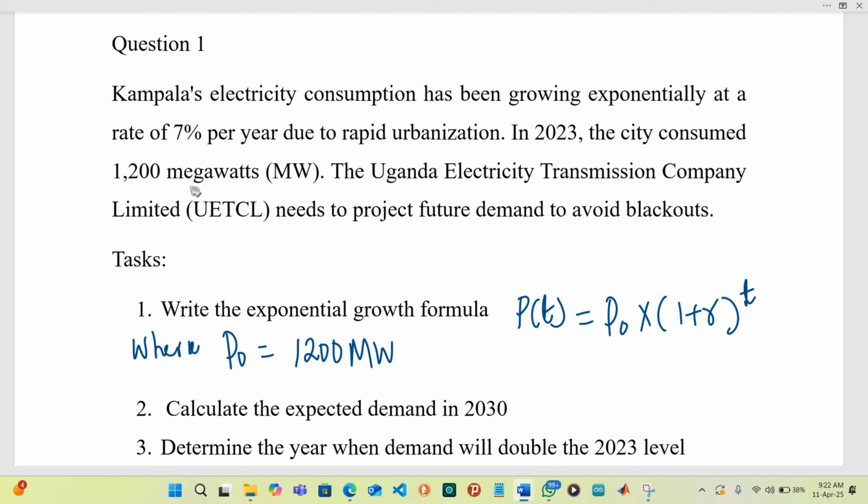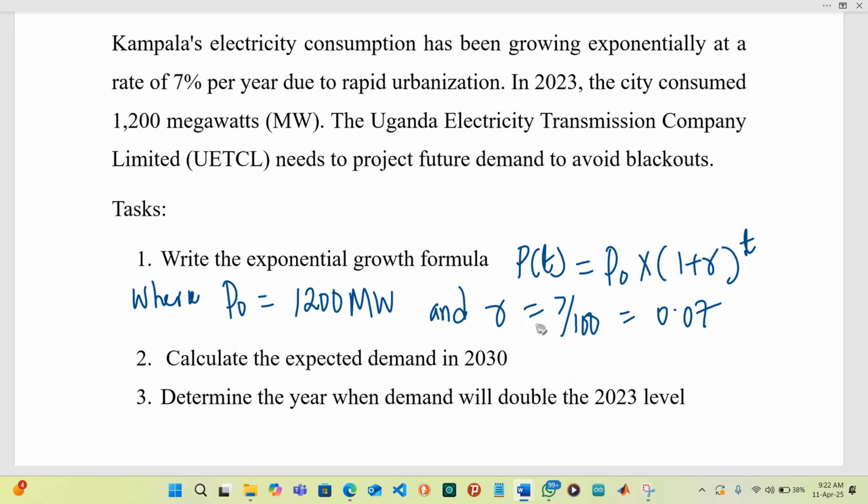This value is given to us in 2023. That's where we are starting our projection from. And R is equal to this rate: 7% is 7 out of 100, which is 0.07.